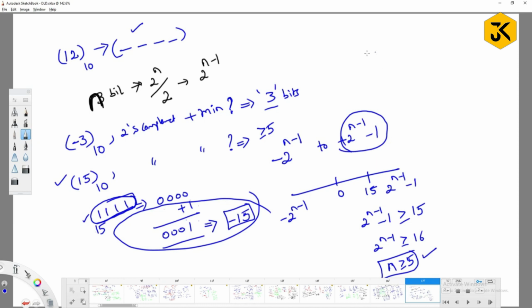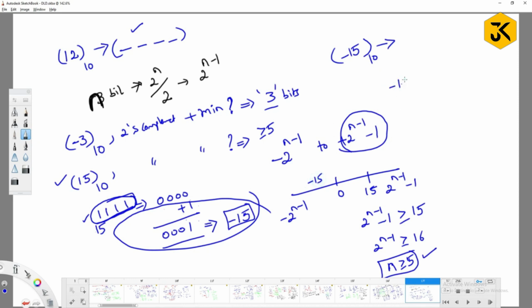Similarly, what about minus 15? Are 4 bits sufficient? Try to check it. So minus 15 is available here.